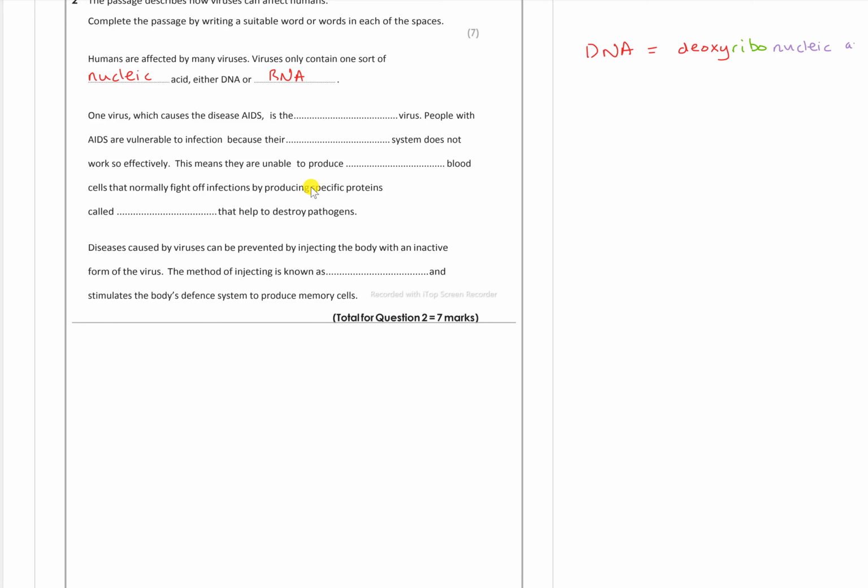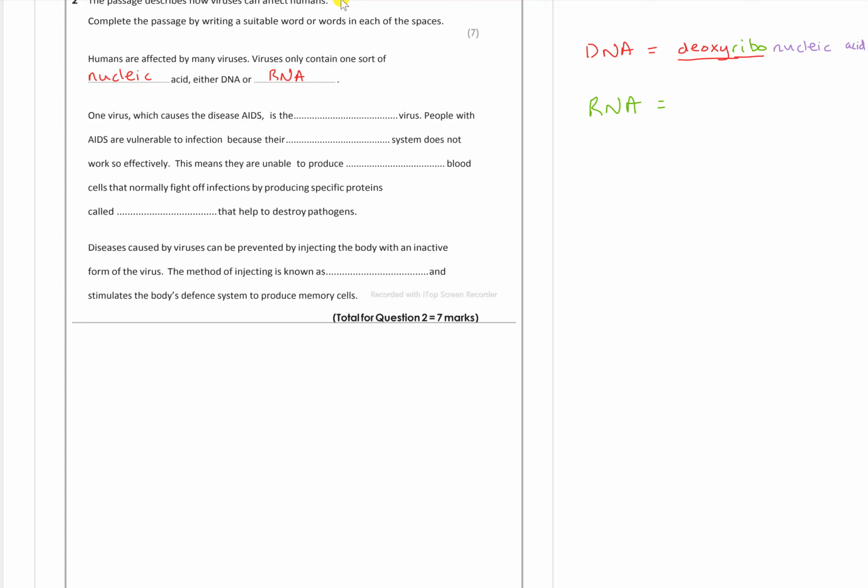Deoxyribonucleic acid. All this means is that you've got the ribose molecule, and deoxy means that it's had an oxygen removed. So you have deoxyribonucleic acid, and then you've got RNA.